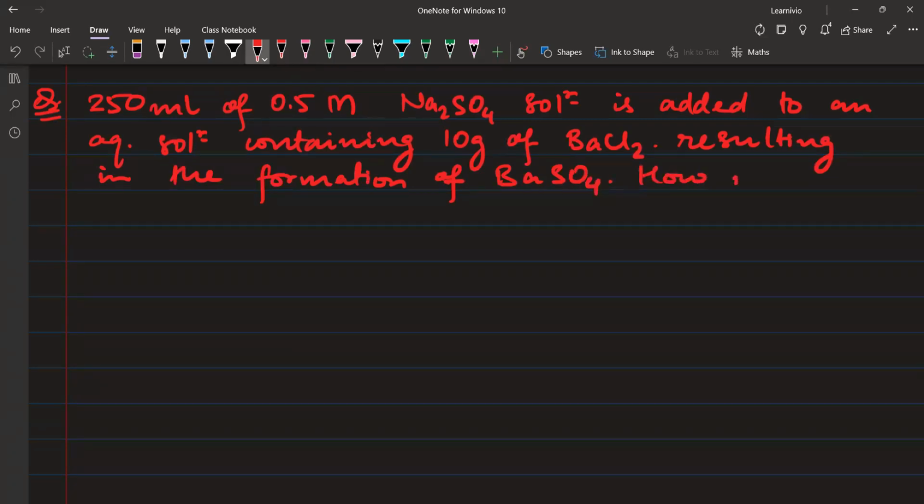How many moles of, या फिर ऐसे कर लीजिए, how many moles नहीं, calculate the amount of BaSO4 formed.